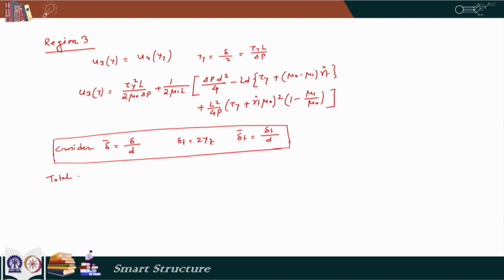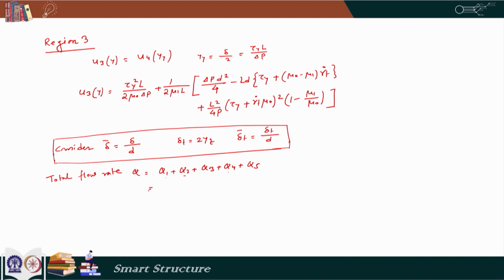So, total flow rate Q is equal to Q1 plus Q2 plus Q3 plus Q4 plus Q5, and we know that Q2 and Q4 are same, Q1 and Q5 are same because of the symmetry.